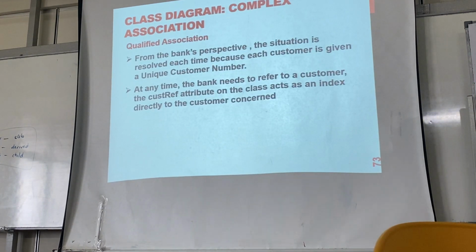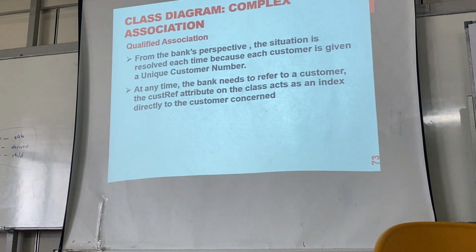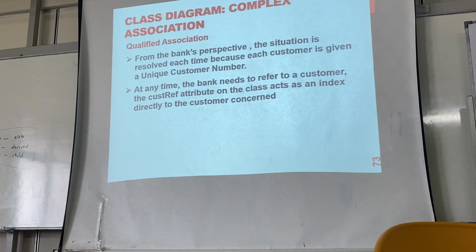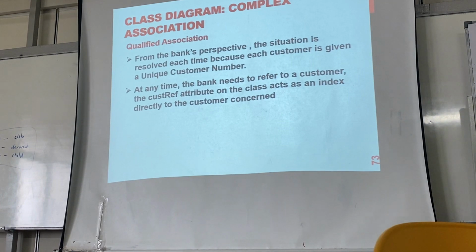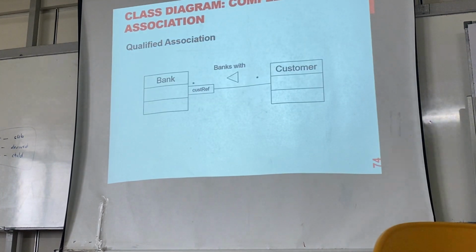Qualified association. Okay. What is a qualified association? At any time, the bank needs to refer to a customer, so an attribute acts as an index directly to the customer. So you see this diagram, you understand it.